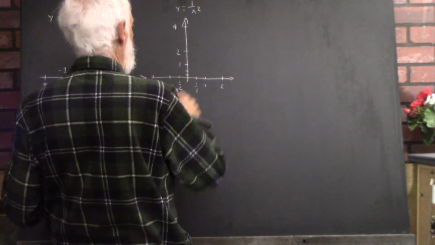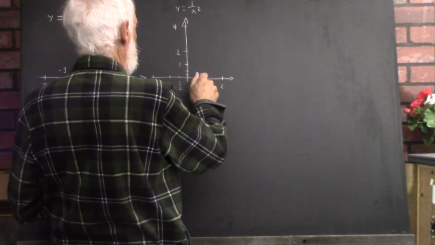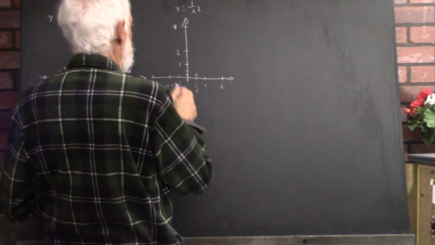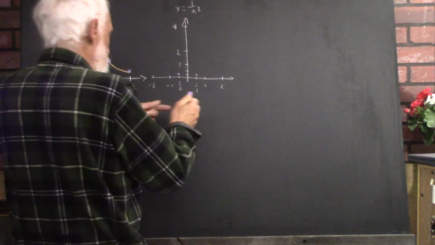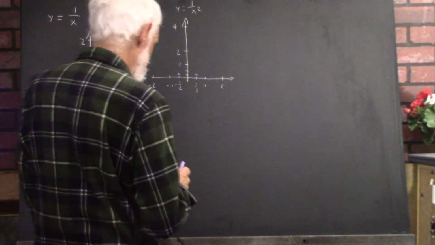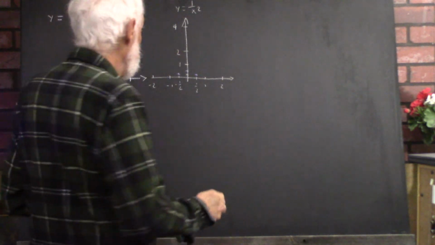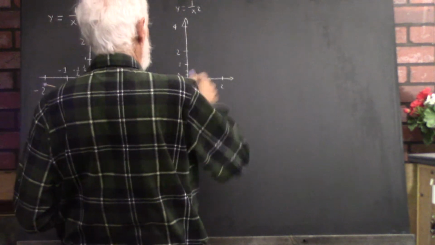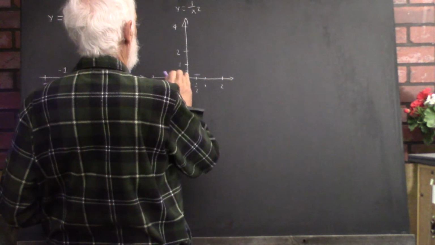When x is 1/2, the value of the basic reciprocal function is 1/4, giving us a point here. When x is -1/2, it's also 1/4 because squaring 1/2 or squaring -1/2, I should label that -1/2, gives the same thing, the square being an even function. And I don't know what I just did. I put these at 1/4.